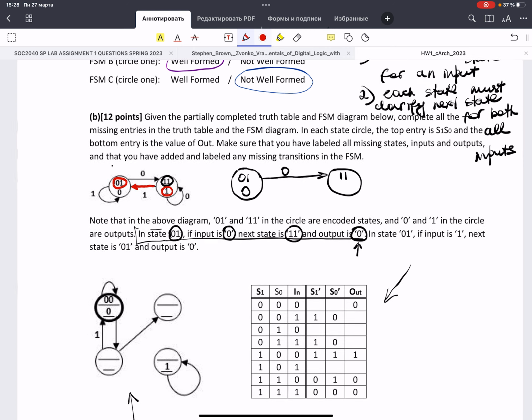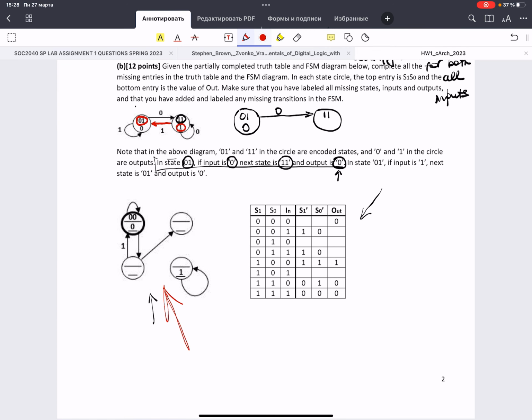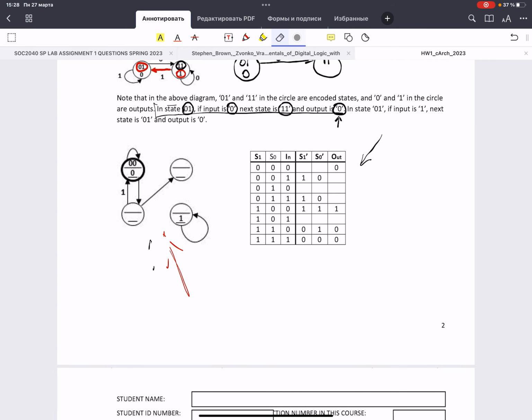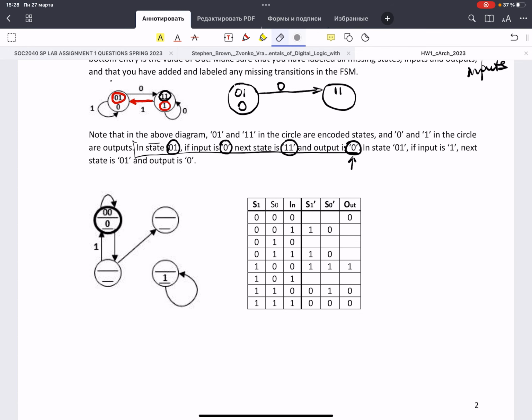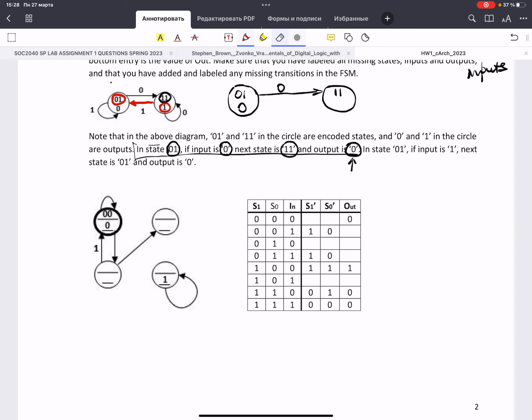This is basic stuff, so you have to understand it before moving on to solving this problem. To be honest, there is no algorithm to fill this kind of states and truth tables. The only way, as I see, to solve this kind of problem is to first guess the conditions. For example, let's say we put here 0, 1, and then try to fill this truth table.